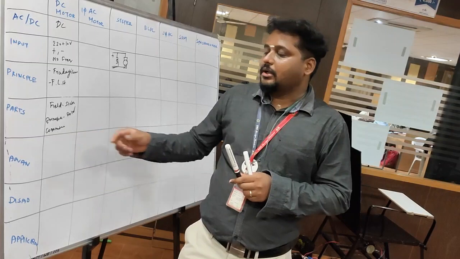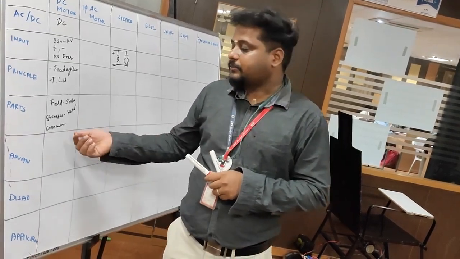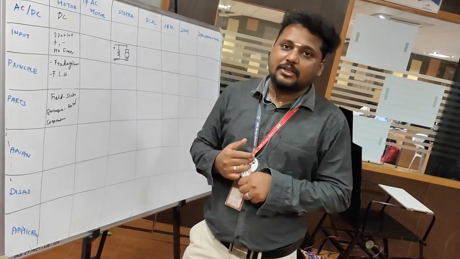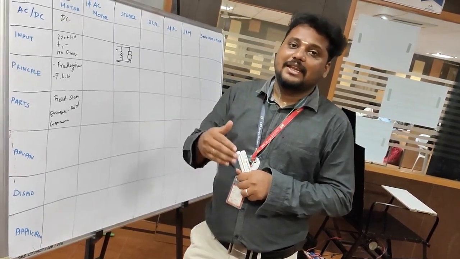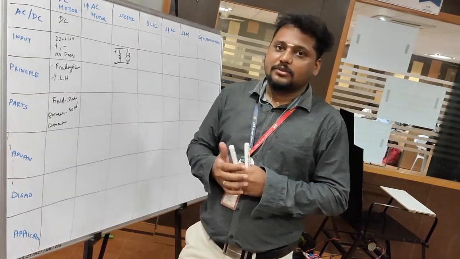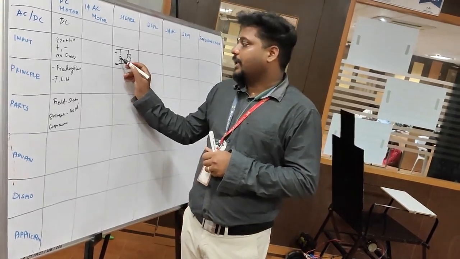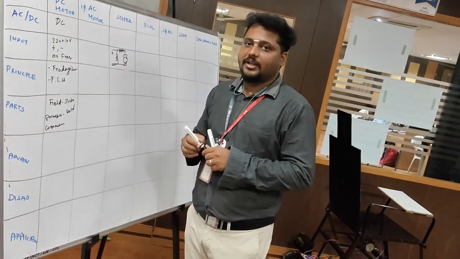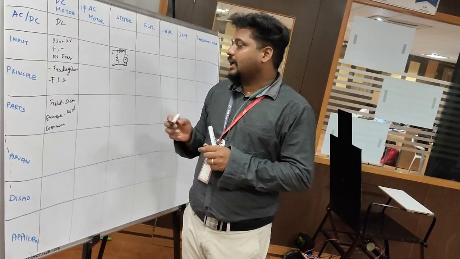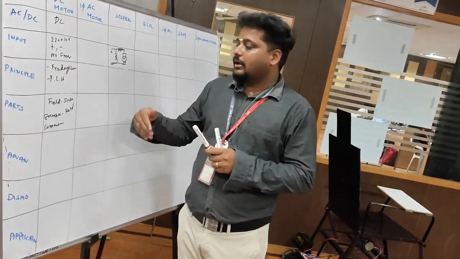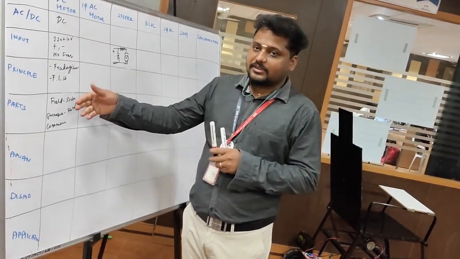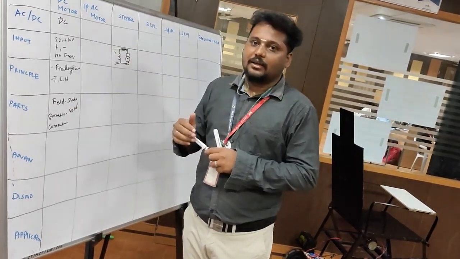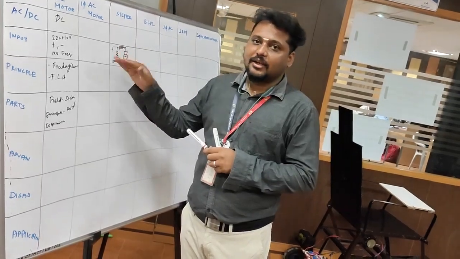And the final one is the compound motor, which is a combination of both series and shunt motors. This motor has a parallel winding as well as a series winding, so it has the characteristics of both series and shunt motors, based on whether the field winding is connected in series or parallel.